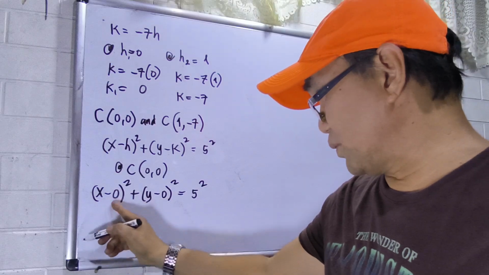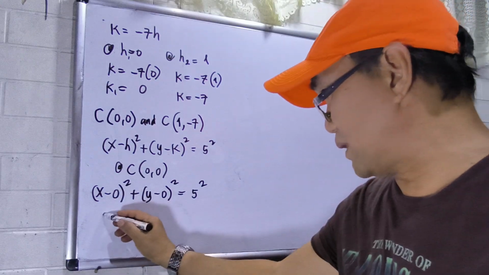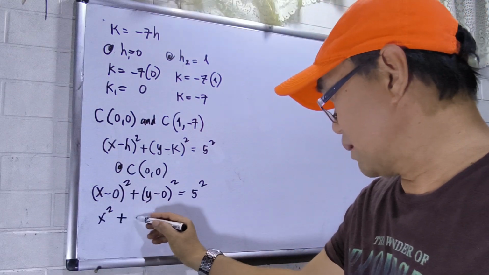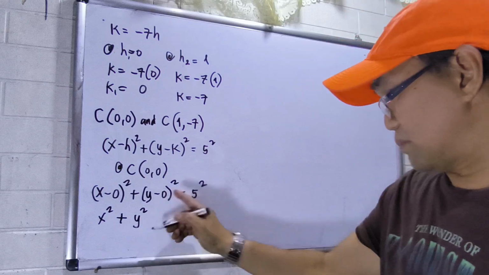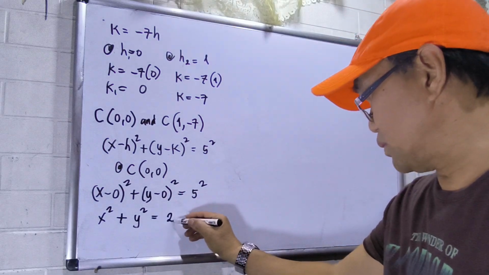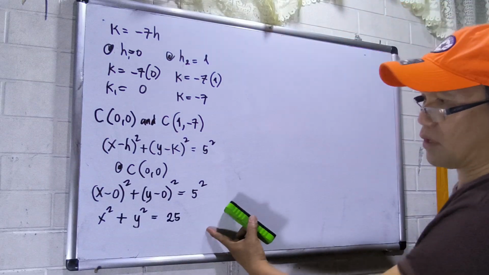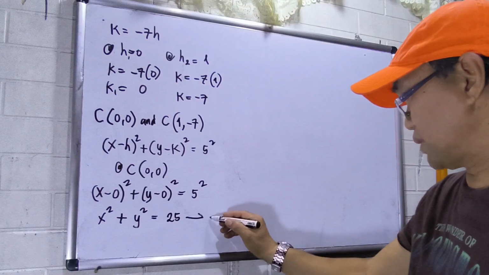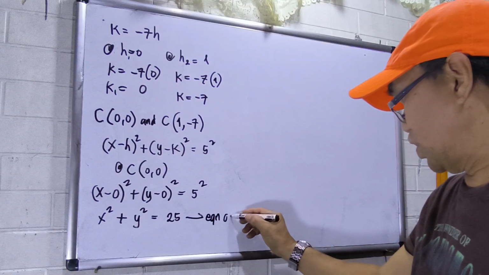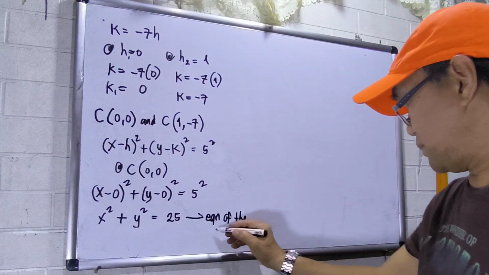So, if you expand this one, x minus 0, that will be x squared plus y squared, because that will be 0, and this will be equal to 25. So, this is now the first equation of a circle.